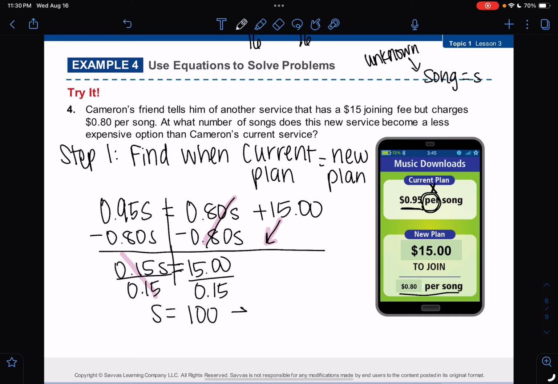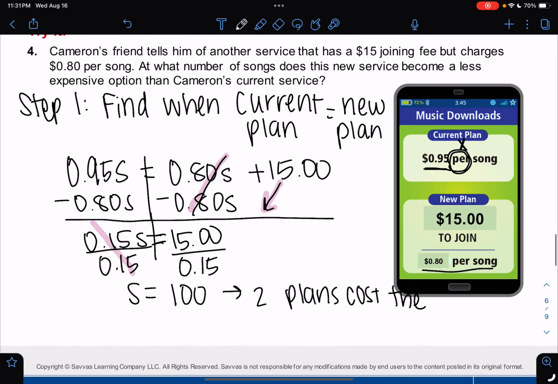So the two plans cost the same at 100 songs.